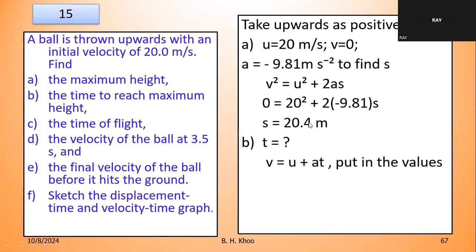As I said, nothing wrong, the examiner allows you to carry error forward and doesn't penalize you. If you want to find time, then you use this equation. v is 0, u is 20, minus 9.81, which is your acceleration, t. You get 2.04 seconds.